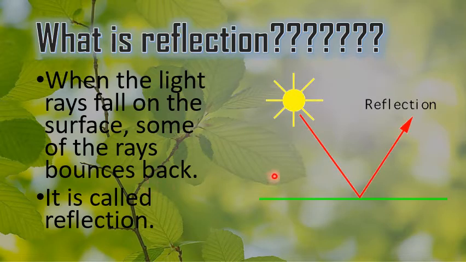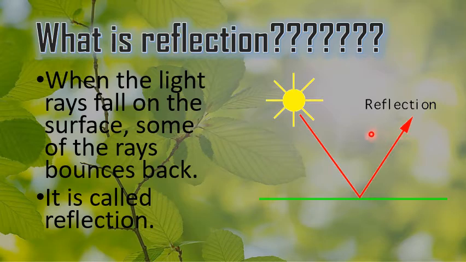And here is the example. This is the sun that is a great source of light. It emits the light that can hit the ground. After hitting the ground, some of the light rays will bounce back here, and this is called reflection. What is this called? Reflection.